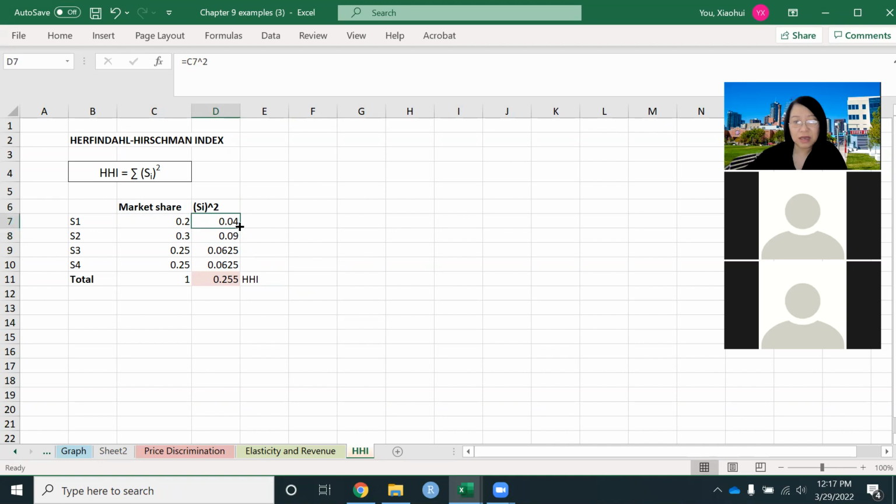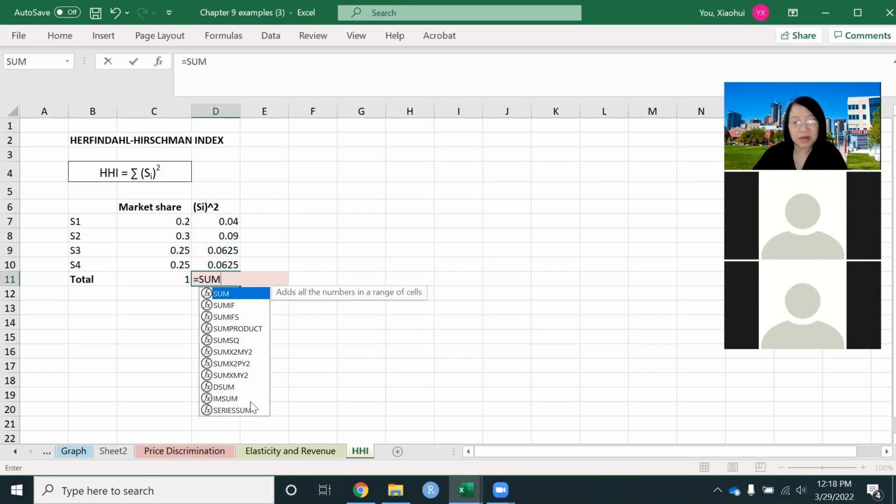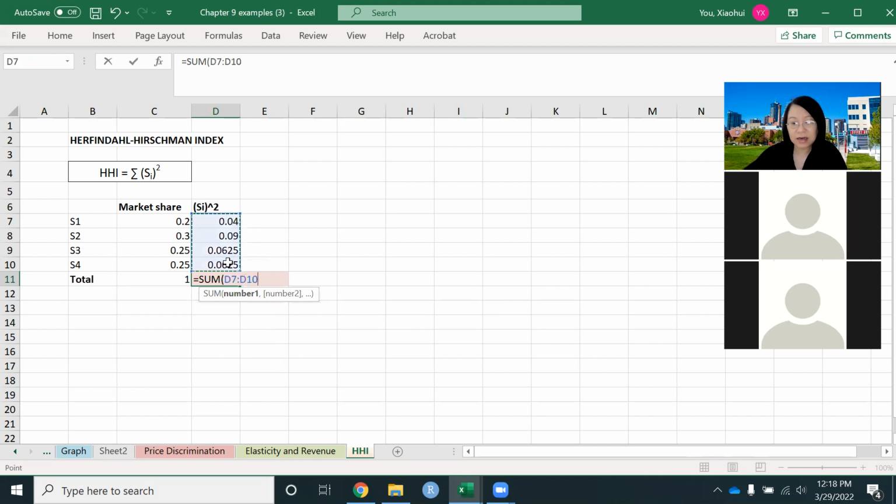And then just do the Excel recalculation. So calculate all, right? At last, when you calculate the Herfindahl-Hirschman index, do a summation: sum all these values together, close the parentheses, enter. See, this is the Herfindahl-Hirschman index for all these values.